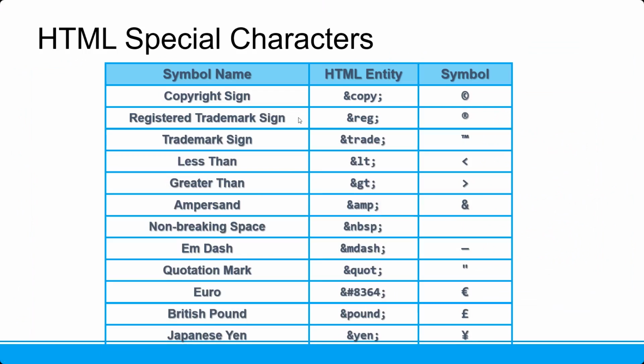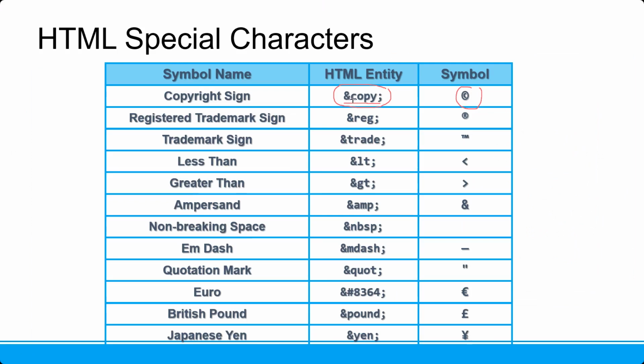In HTML, there are also some special characters. Special characters means something related to symbols. For example, if you want to create the copyright symbol, you cannot define it using common text. You need to use the HTML entity, and this is how you can define it.